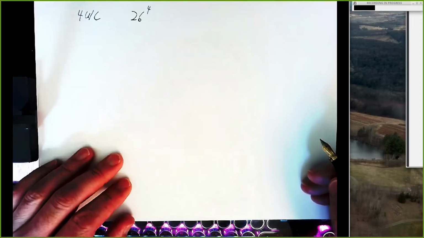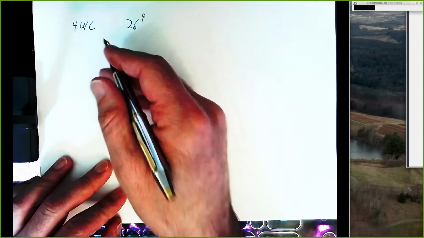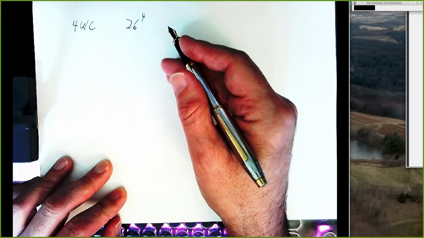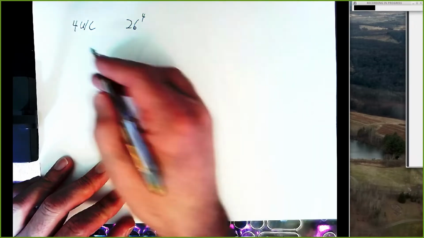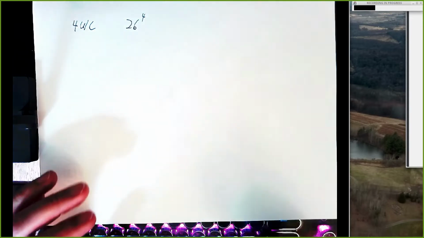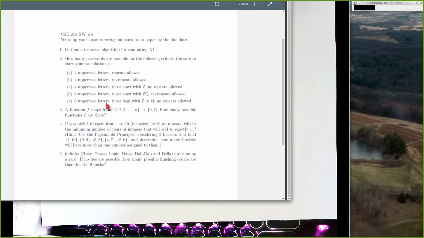That's a product rule application. To pick a password, you have to pick the first letter, and then the second, and then the third, and then the fourth. And the number of ways you can do each of those tasks is 26. And so the total number of ways you can complete that task of picking 4 letters is 26 times 26 times 26 times 26. So that's 26 to the 4th.